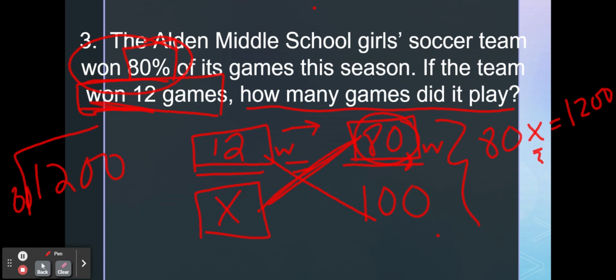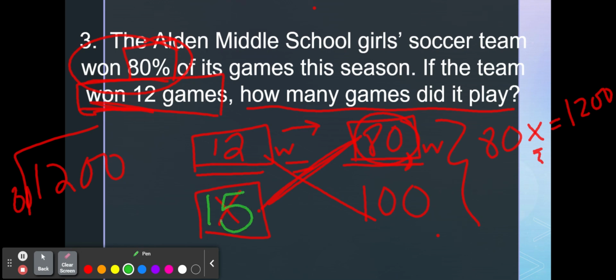So in my box here, and actually I'm going to try to just erase. Oh, it's not going to let me just erase. That's okay. We'll change colors. And I'll put 15 here. So now I know 12 times 100 is 1200 and 80 times 15 is 1200. That is another way you can determine if you have equivalent ratios because you cross multiply and get the same answer.